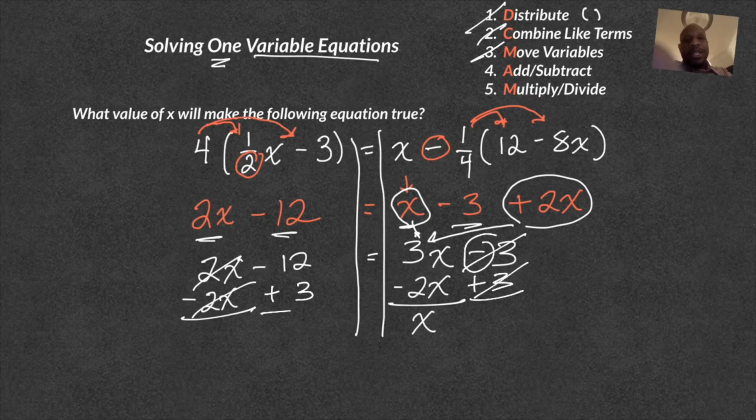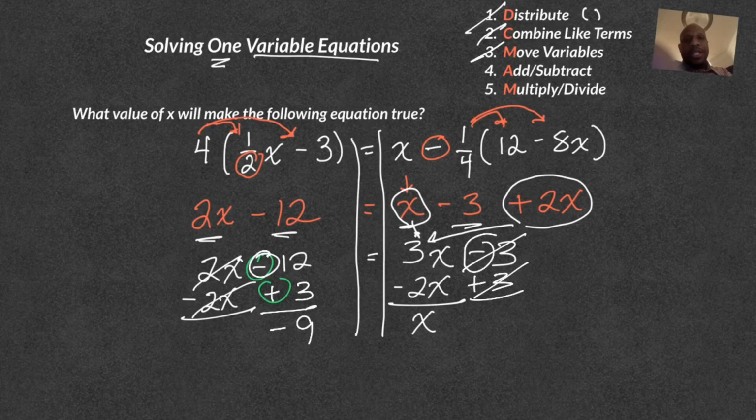Since we have opposite signs here and here, that means we're actually going to subtract. The difference between 12 and 3 is simply 9. And since we have a bigger negative number than we do a positive, the 9 is going to be negative.